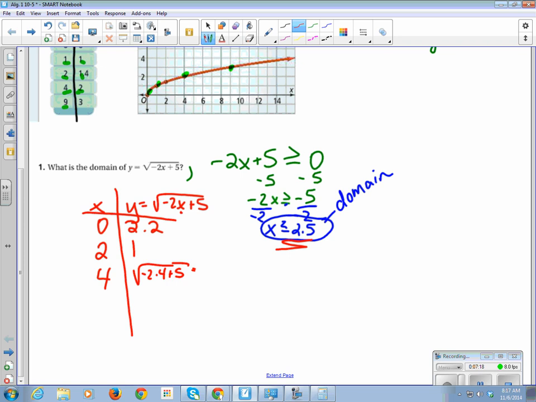And then I have negative 8 plus 5 is negative 3. And I cannot take the square root of a negative, so there is none. So that just illustrates why the domain cannot be bigger than 2.5. Otherwise, it's going to be negative.